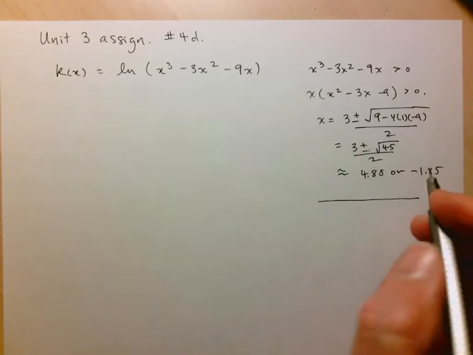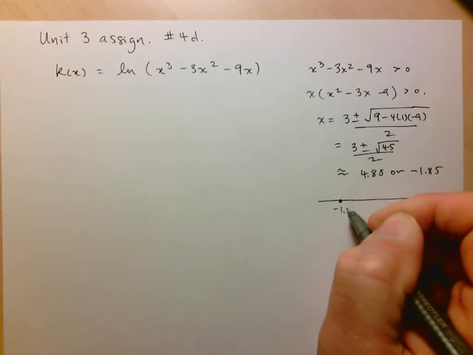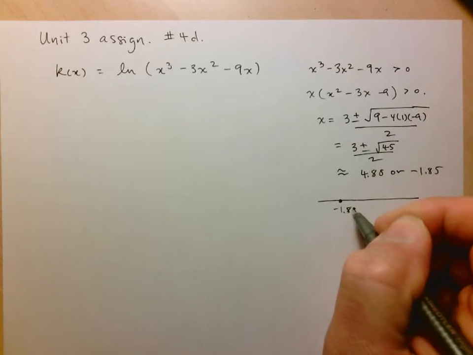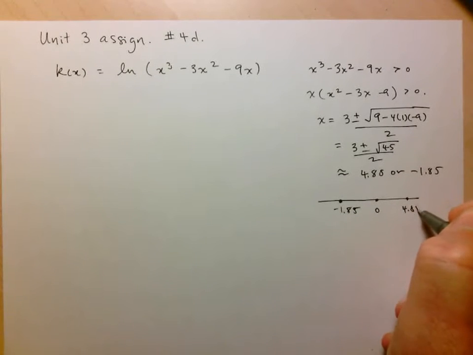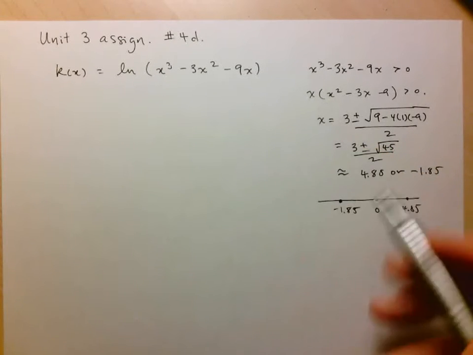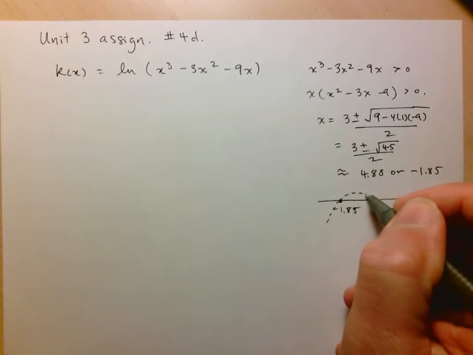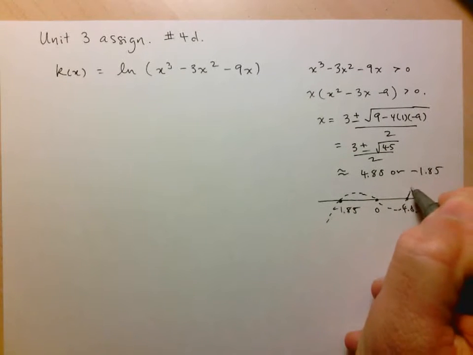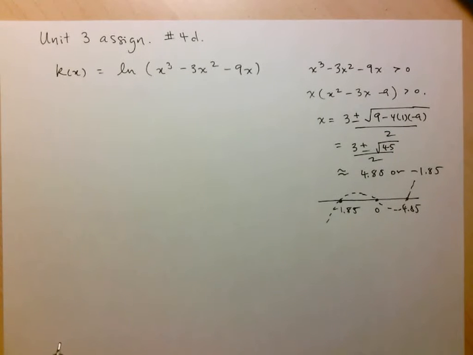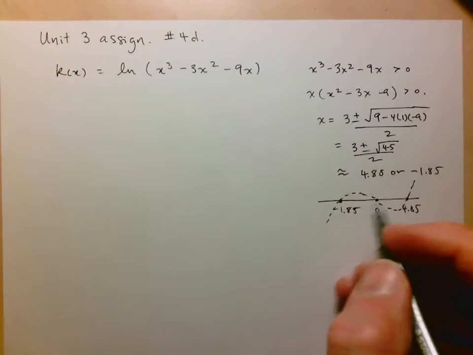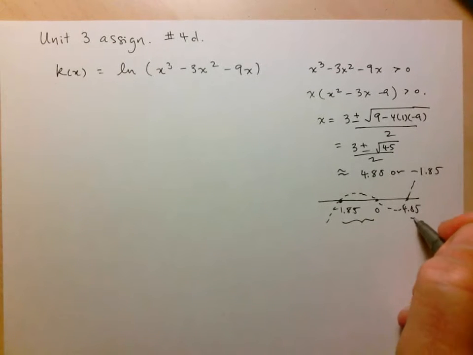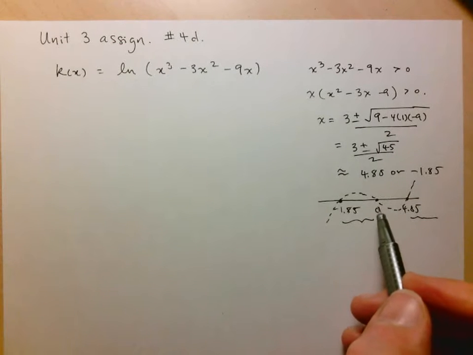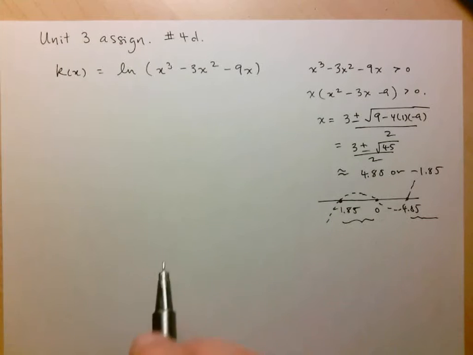My 3 zeros here are negative 1.85, 0, and 4.85, and given that the leading coefficient is positive, I know that the input to the function will only be positive in the interval between negative 1.85 and 0, and greater than 4.85. Anything that shows up in the other two intervals we won't accept.